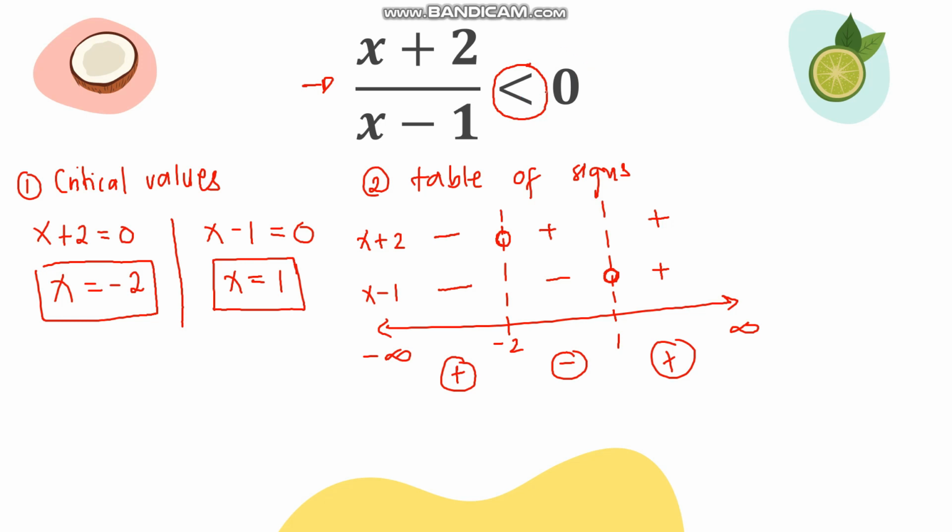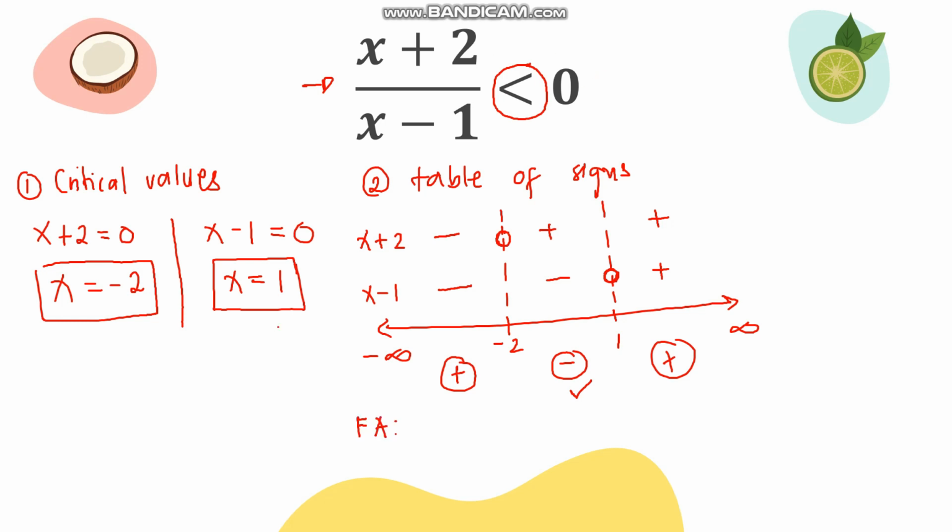Of course, this expression must be negative so that it will be less than 0. Looking at the table of signs, the one that will give us a negative answer will be from negative 2 to 1. So that means the interval will be from negative 2 to 1.